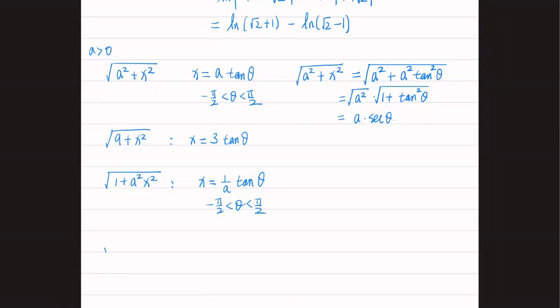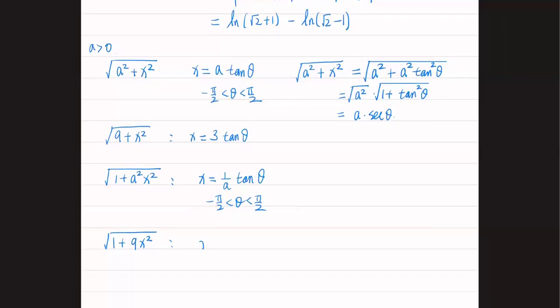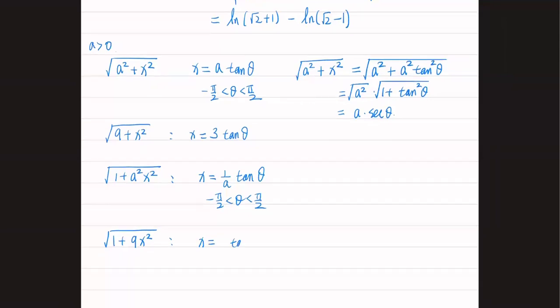Now let's try the square root of 1 plus 9x squared. Okay, so again, how do you get rid of this square root? What substitution? Tangent theta, with some coefficient. Is it 3 for this case or 1/3 for this case? What's the difference?